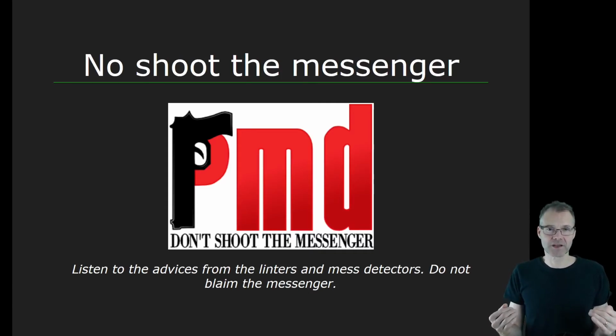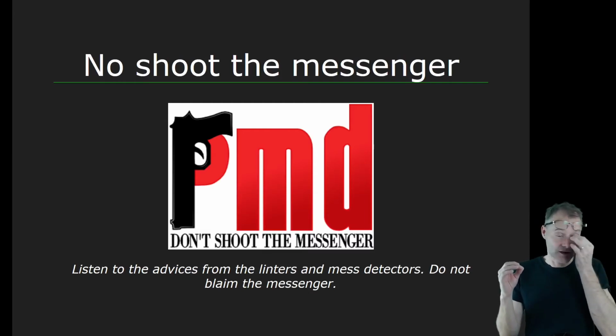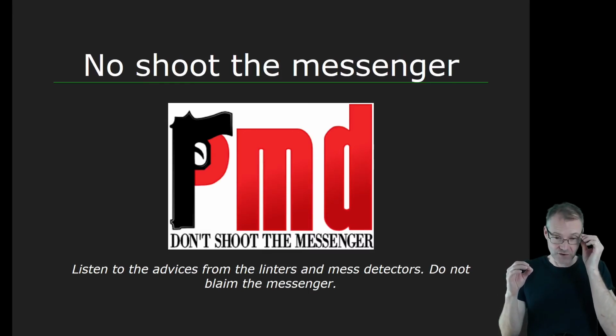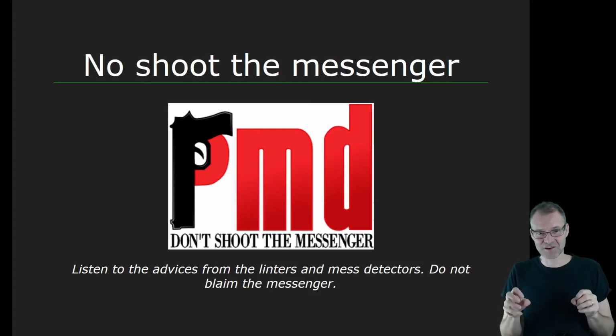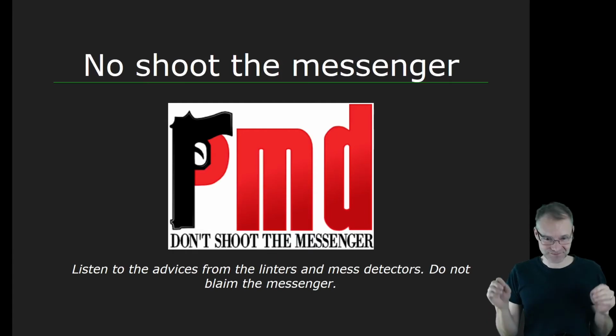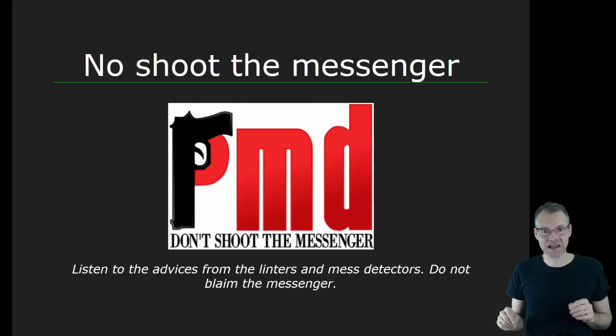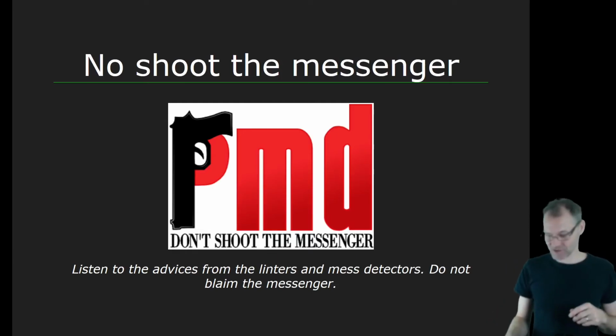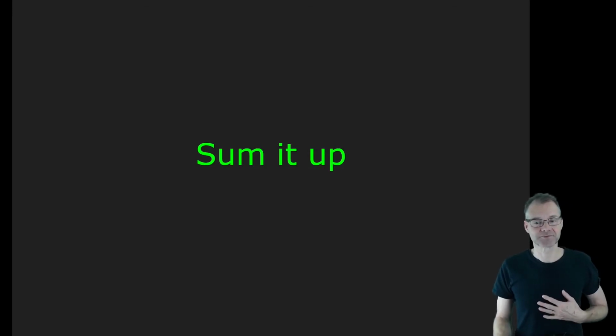Because there are so many things to learn here, in small parts, on how you can create good code. And don't avoid the opportunity of using the linters and mess detectors to do this. So don't blame the messenger, use it to improve your coding skills.